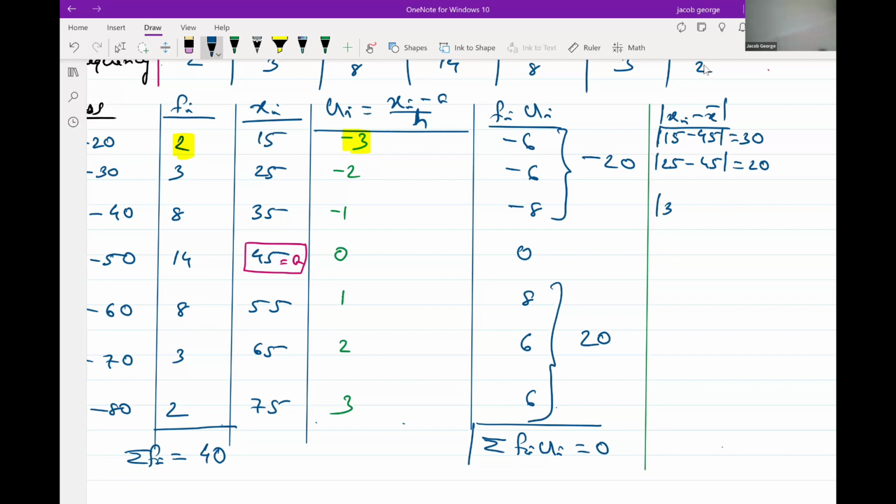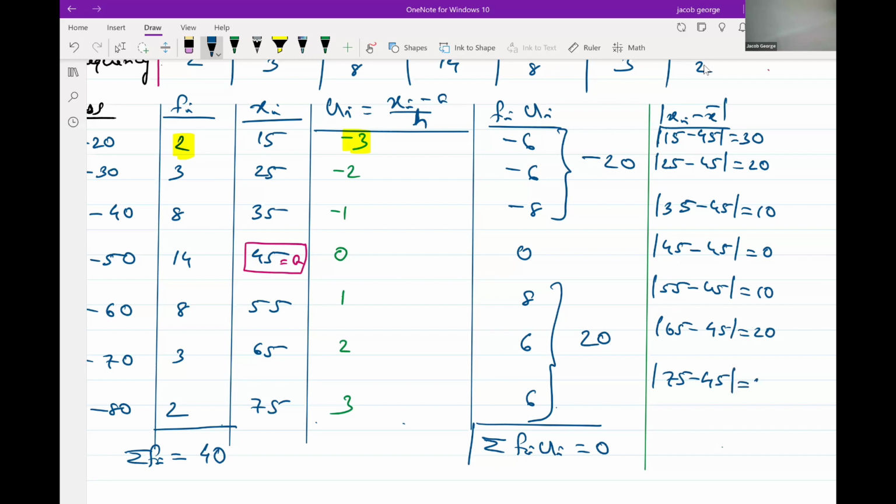Then modulus 35 minus 45 is 10. Modulus 45 minus 45 is 0. Again, modulus 55 minus 45 is 10. Modulus 65 minus 45 is 20. Modulus 75 minus 45 is equal to 30.